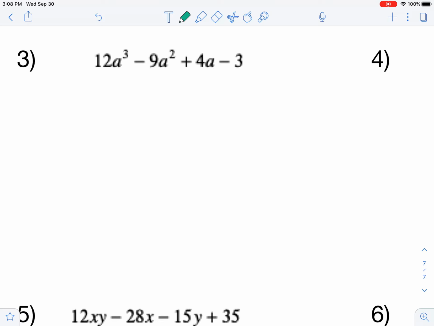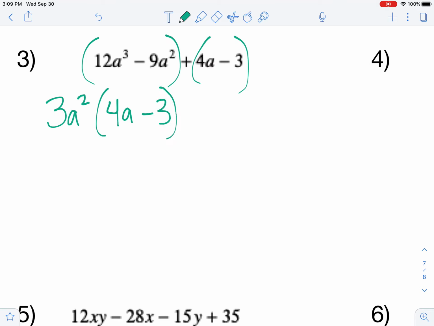Okay, number 3, I am grouping and factoring out a GCF. Okay, notice this is already that factor, so the GCF is 1.